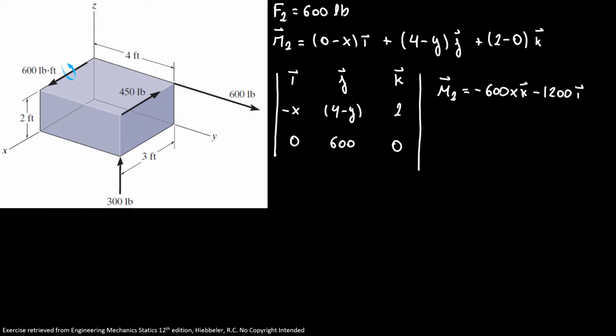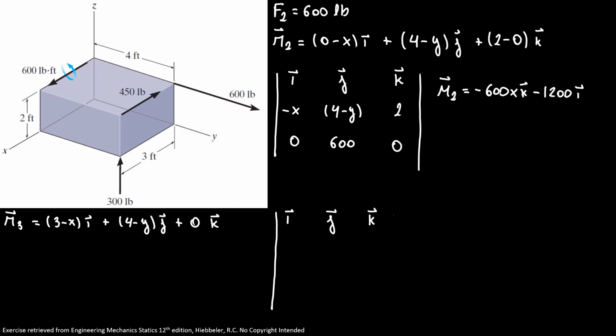Our R3 is equal to 3 minus x I plus 4 minus y j plus 0 k. So our matrix for moment 3 is I, j, and k.